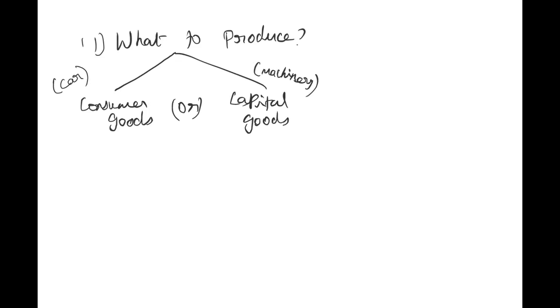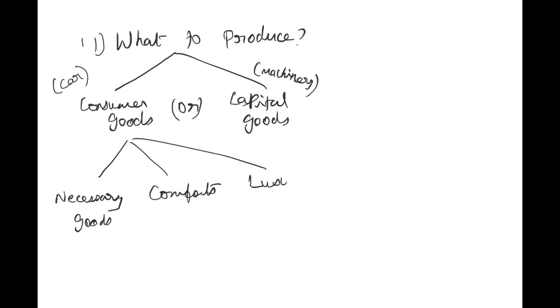Just understand this as the distinction for now. Even within consumer goods, you can differentiate between necessary goods, comforts, and luxurious goods. So this is what to produce.